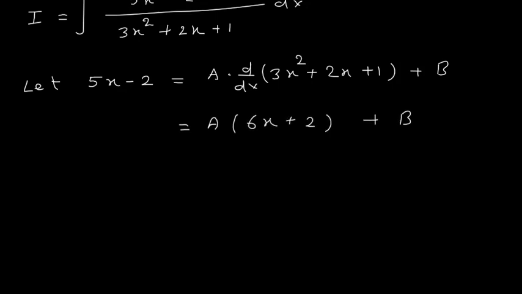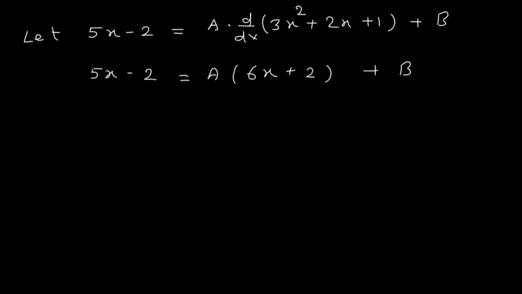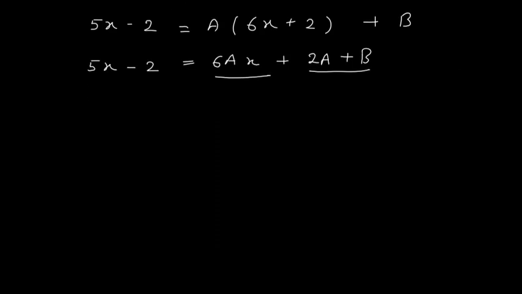Now I have to find the values of a and b. To get them, I can expand the right hand side. So this will become 6ax plus 2a plus b. My left hand side is 5x minus 2. Now if I compare the powers of x on both sides, 6ax is equal to 5x.